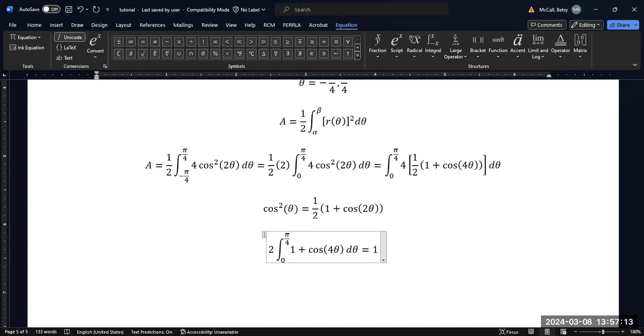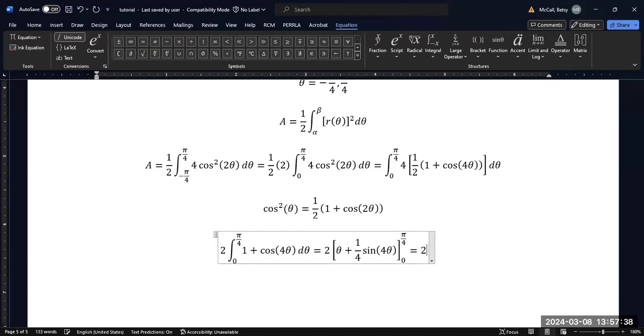And so I'm going to end up with 1 becomes theta, and then cosine will become 1/4 sine 4 theta, evaluated from 0 to pi over 4.